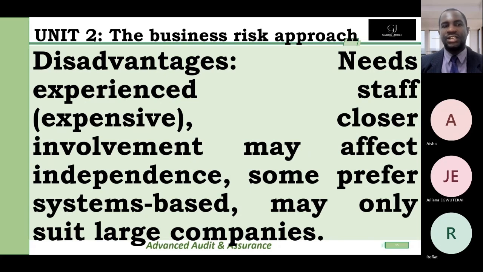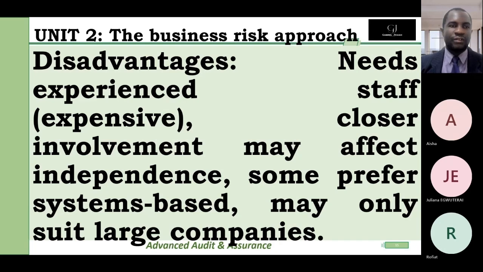And the disadvantages, the need for experienced staff is actually expensive. Quality is expensive. What you get from a chartered accountant is different from what you get from a BSc accounting person. They're all accountants, but the rigor of what the chartered accountant has gone through can't be compared to just 4 years somebody went through BSc to learn. The chartered accountancy training platform is rigorous, is wide, is tasking.